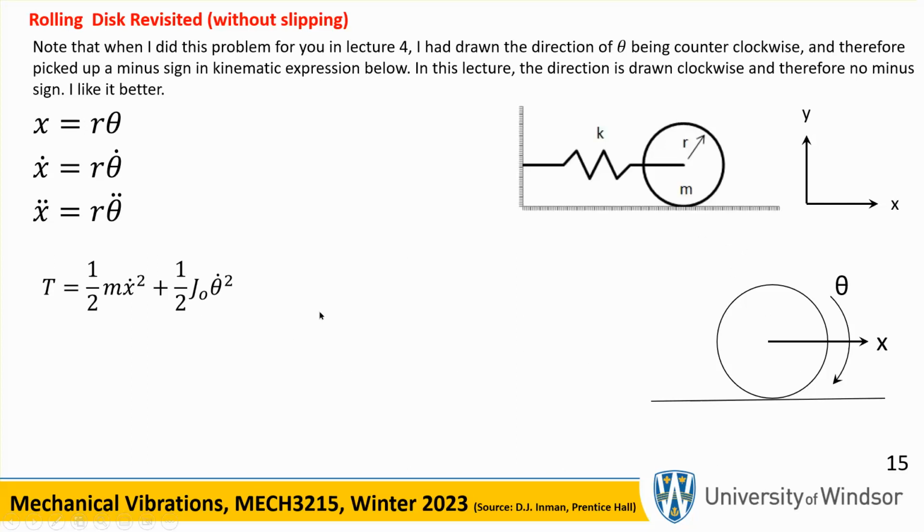So there are two sources of kinetic energy here. One is the translational motion, which is 1/2 mass times velocity squared, but you also have the rotation of this object about its mass center, and we know from our second year dynamics class that the kinetic energy contribution is 1/2 of mass moment of inertia about the center of rotation times theta dot squared, angular velocity squared. Now, you get rid of theta dot because theta dot is x dot over r.